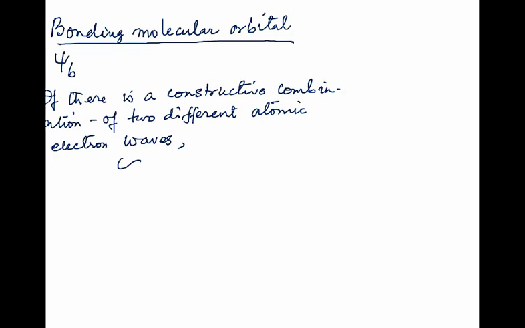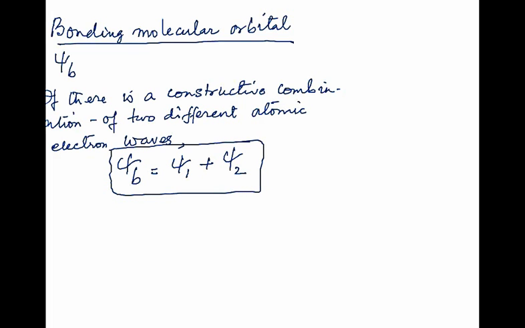Therefore psi b is equal to psi1 plus psi2. This is the case when the atoms will stay together, or there can be a formation of a bond.